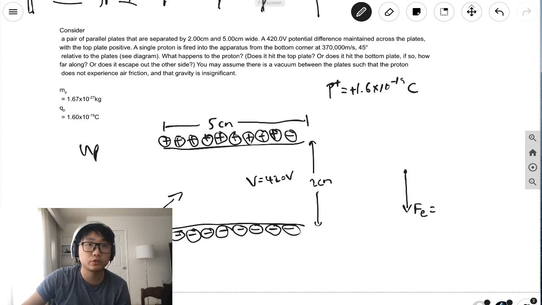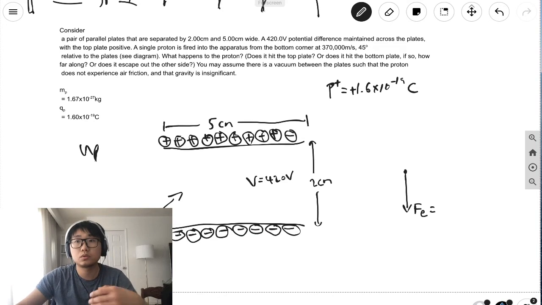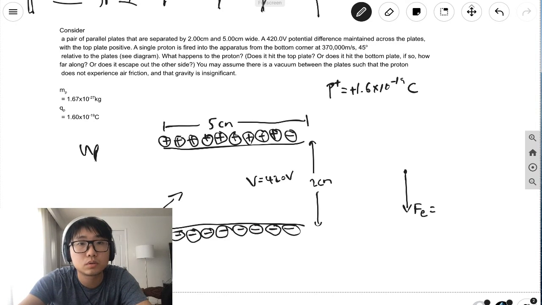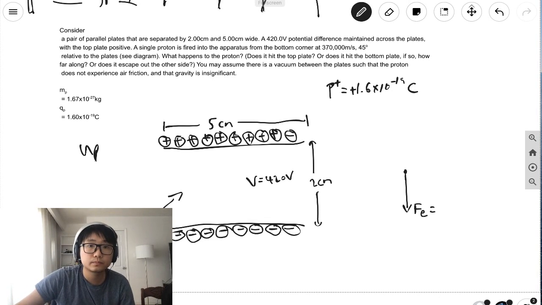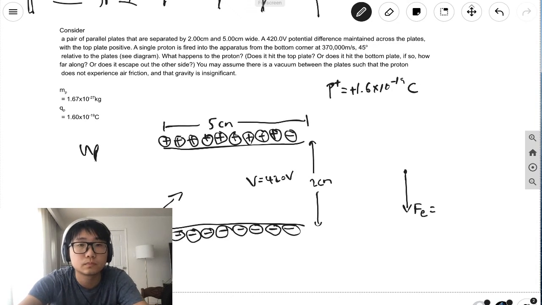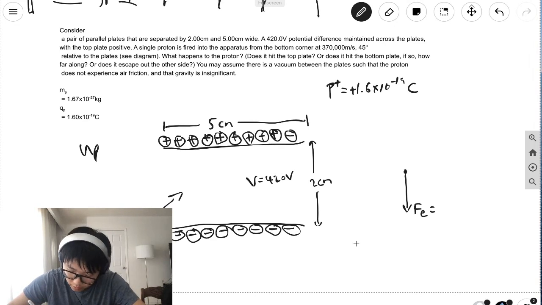Do you have your equation sheets in front of you? You should find it, because it should not be hard to find the equation that you can use to calculate it. KQ equals what?